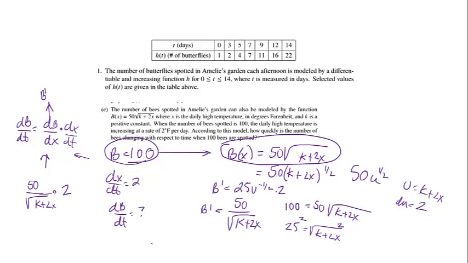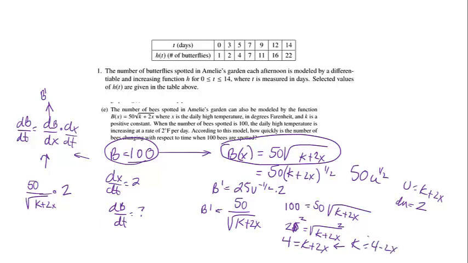Oh, 100 divided by 50 is not 25. Sorry, it's 2. I knew something was going wrong here. Okay, 2 squared is 4, which is equal to k plus 2x. I'm really not sure what I'm solving for here, but I'm guessing I'm going to solve for k. I don't think if I solved for x, it's going to get me anywhere. So if I solve this for k, k will equal 4 minus 2x.